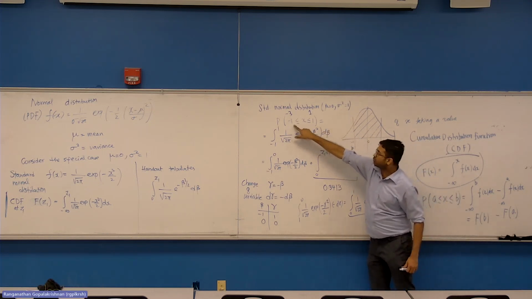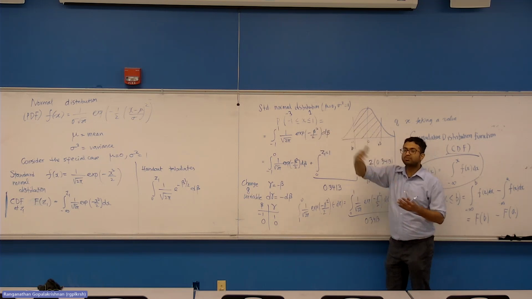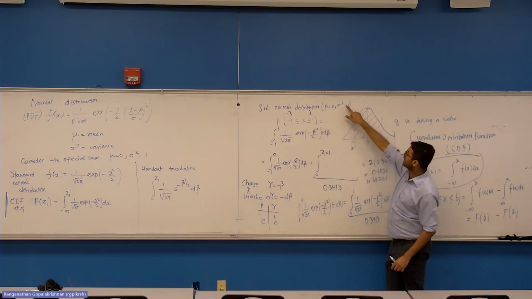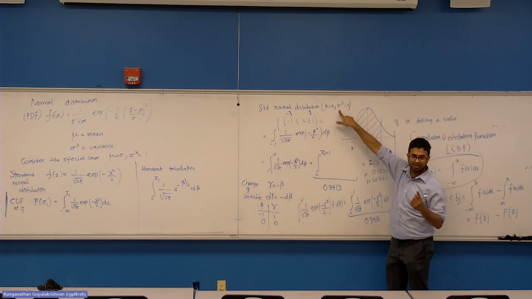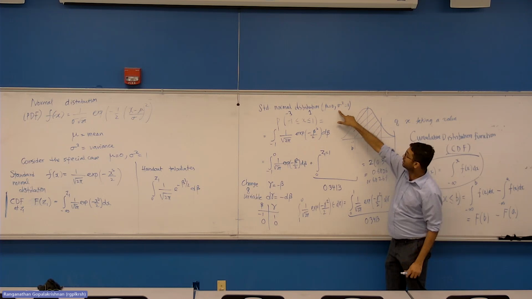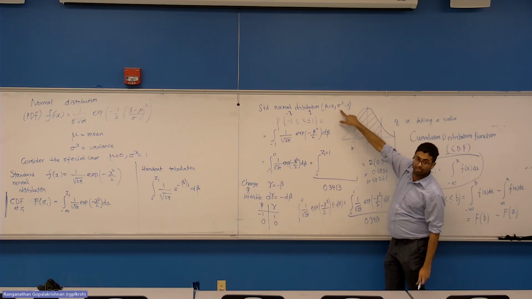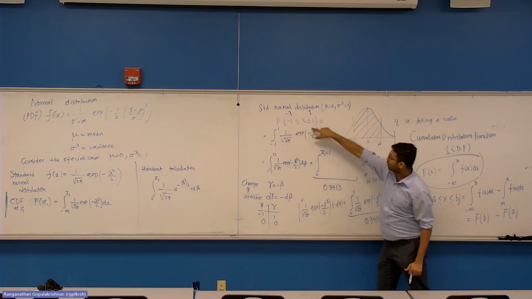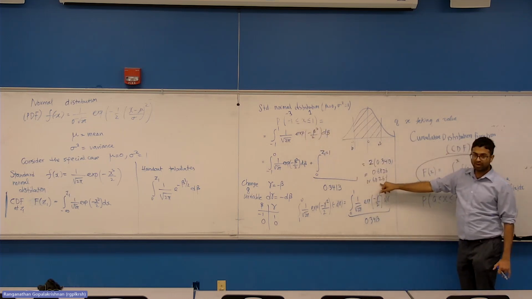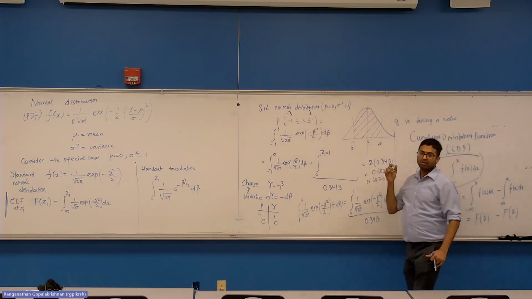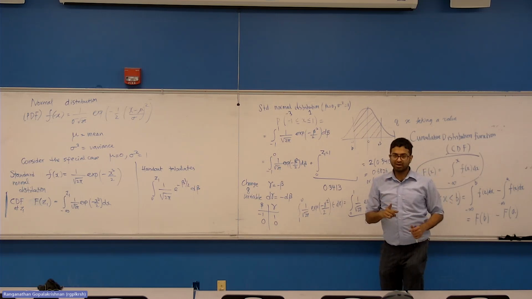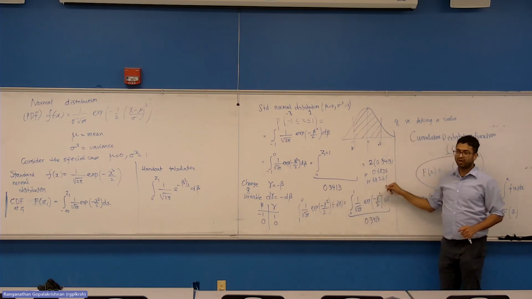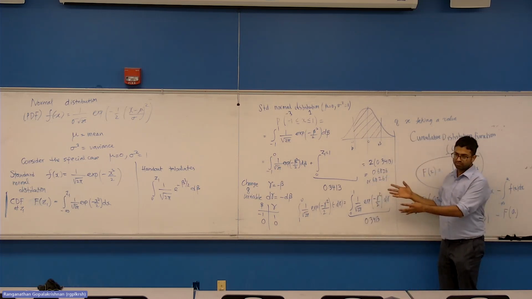When I say -1 to +1, it's like saying minus sigma to plus sigma, because our standard deviation in this case is also 1. Why am I telling you this? Listen, this is more important than writing it. Between -1 to +1 lies 68% of the values. It's like saying within ±1 standard deviation, you have 68% of the values in this distribution.